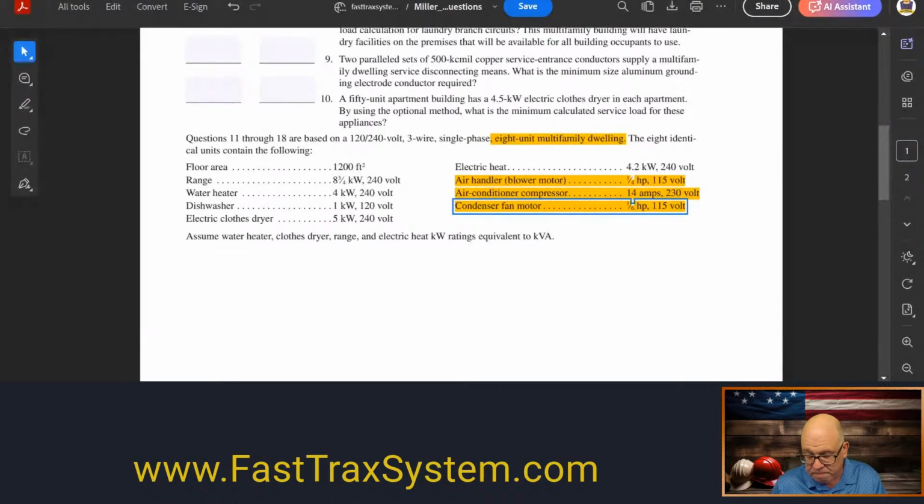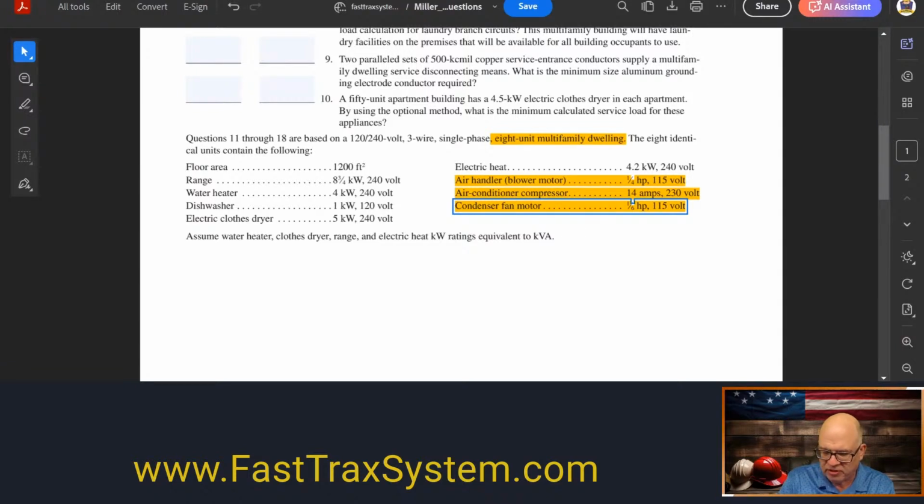Now we're going to add all these up and see how the AC is and how the heat is at this point. So we've got the heat and AC.